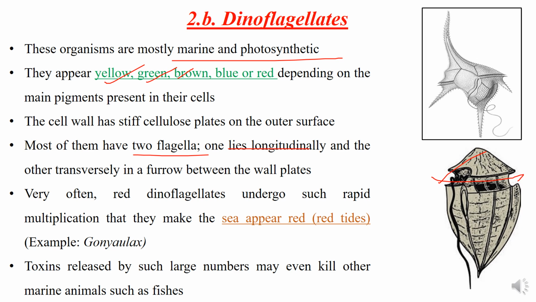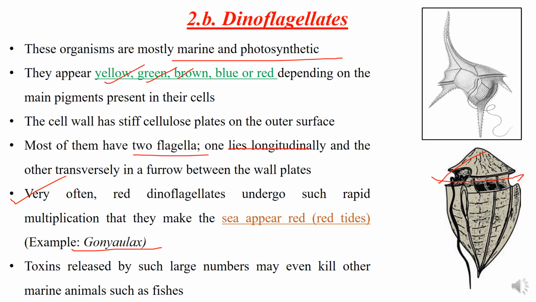Here one important point we have to remember: red dinoflagellates undergo rapid multiplication in the sea, which gives the appearance of red tides. These red tides are because of dinoflagellates. Example we have to remember: Gonyaulax. This question will come in the exam.